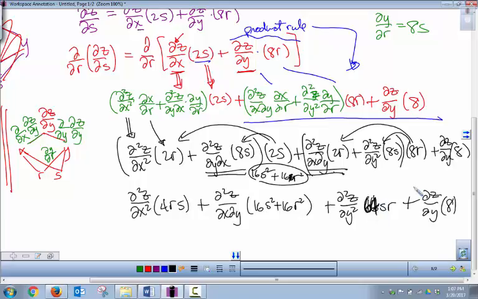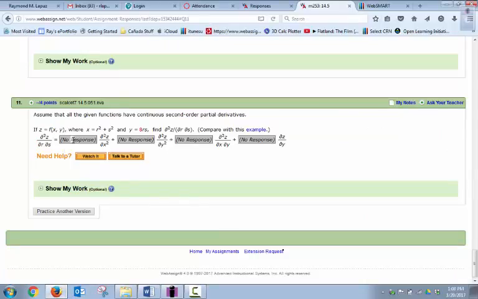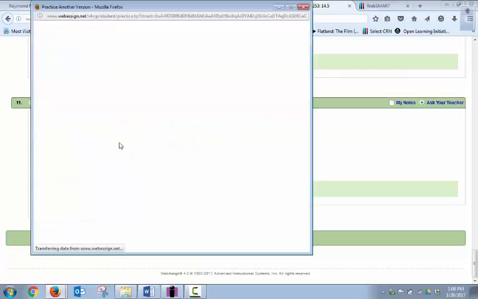Okay. Is that right? I guess we could check. Oh, there's no responses. Then it'll give us another different problem. Yeah, but the numbers will just be a little off, but the format should be the same.